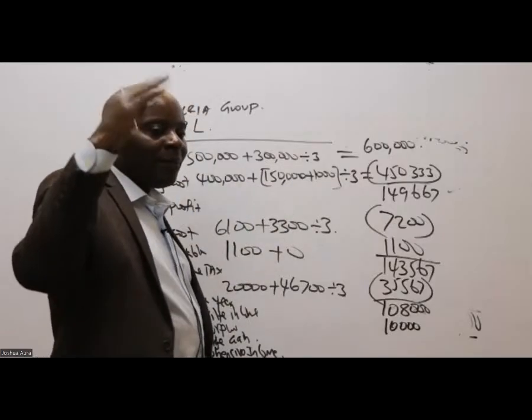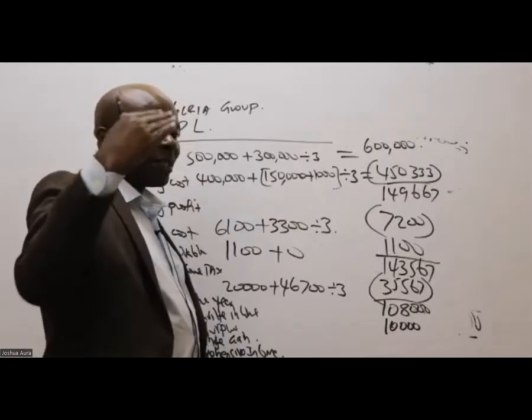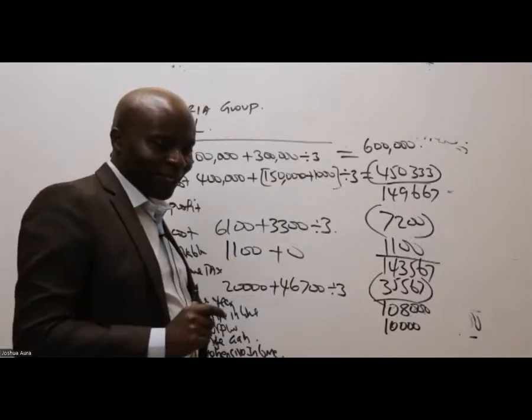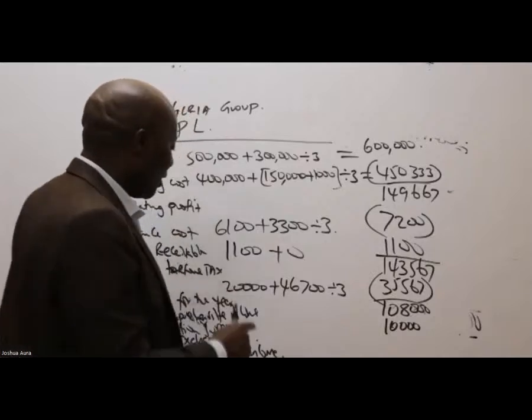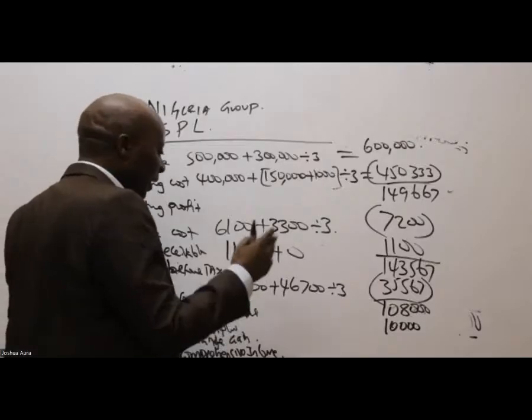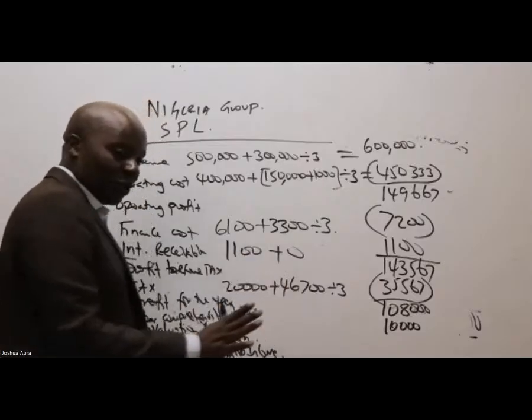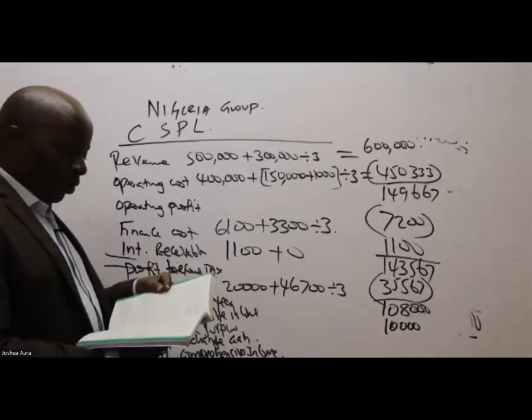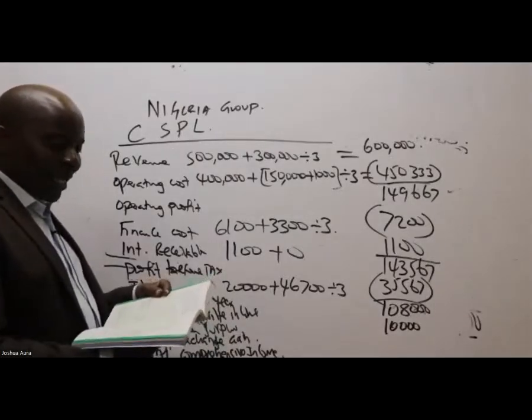We don't make any adjustments regarding depreciation on our revaluation account. We never do that. So this asset which was revalued upwards, 10,000, we simply pick it the way it is, that 10,000. And then now we have the last one, which is the group exchange gain.